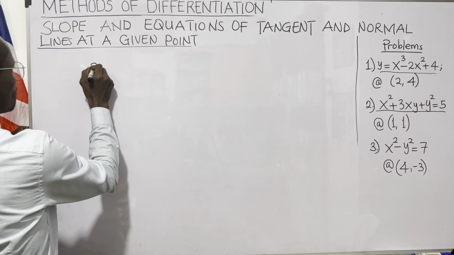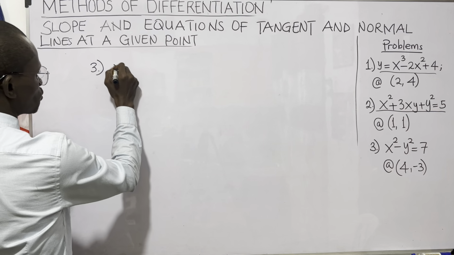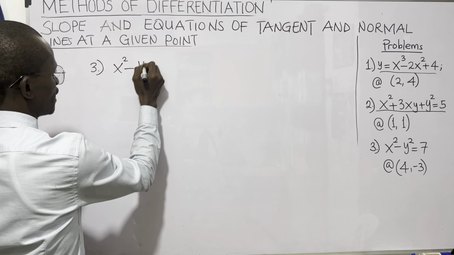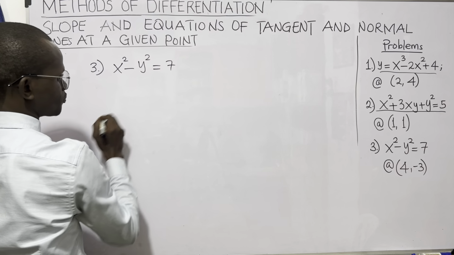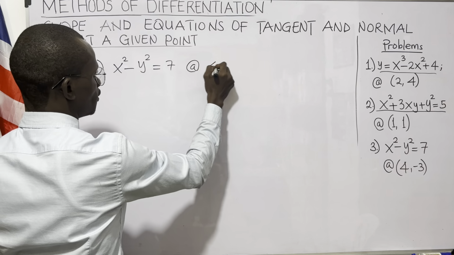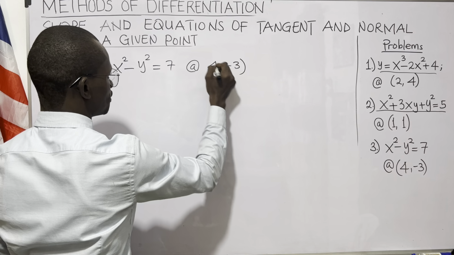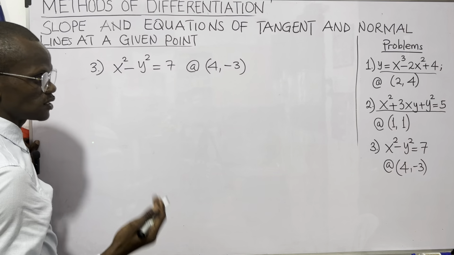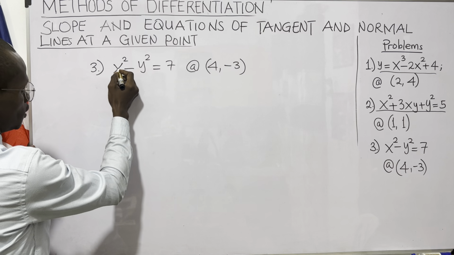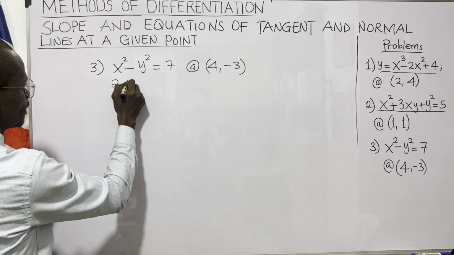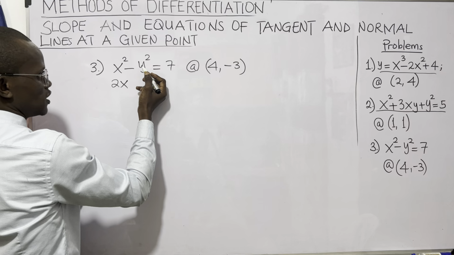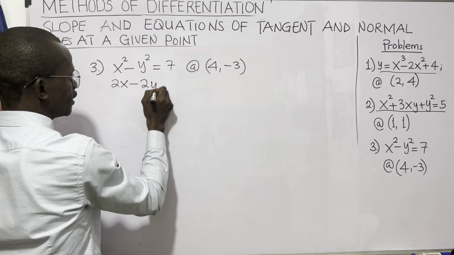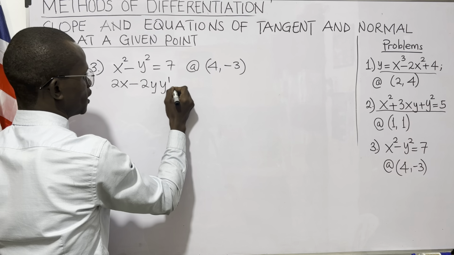So the last question under this lesson is x squared minus y squared equals 7 at the point (4, -3). We first find the slope, which is the derivative. Differentiate x squared, we get 2x. Differentiate y squared, we get 2y, and then we attach y prime.